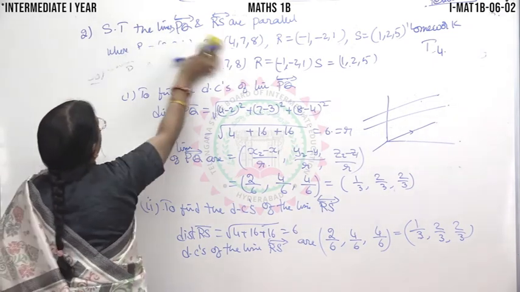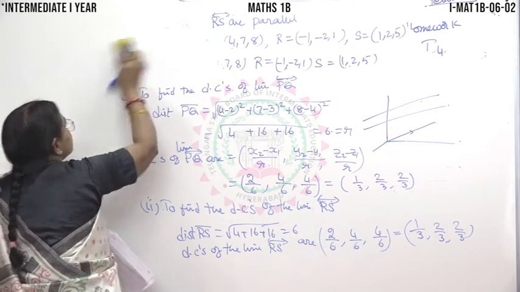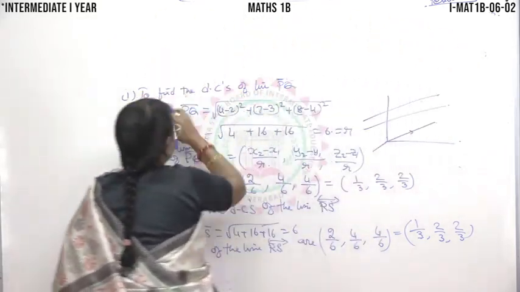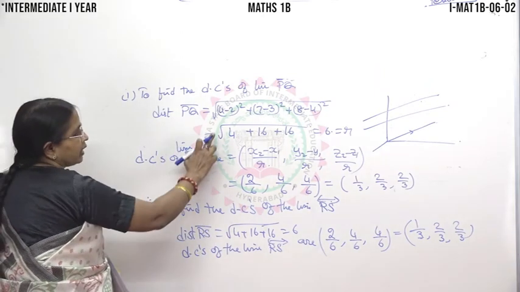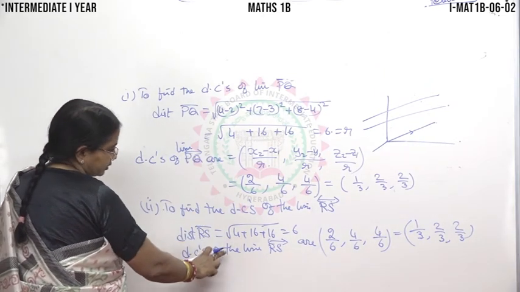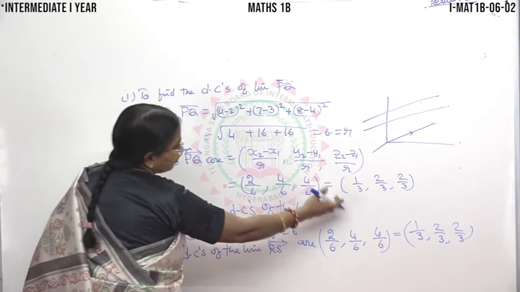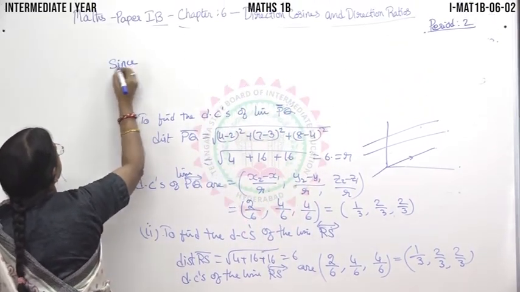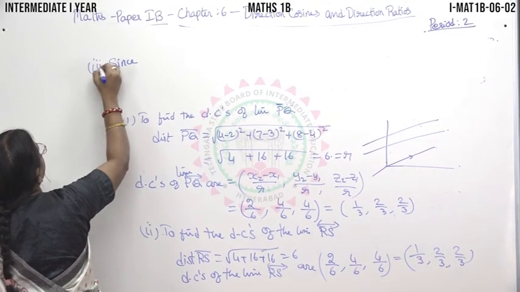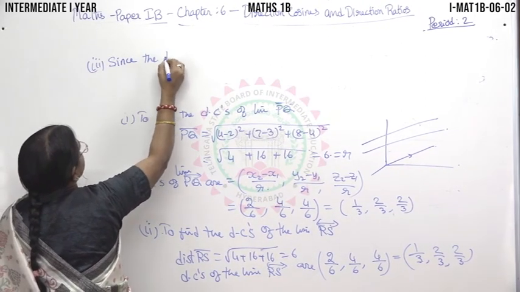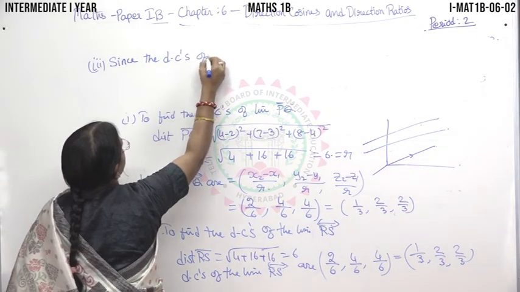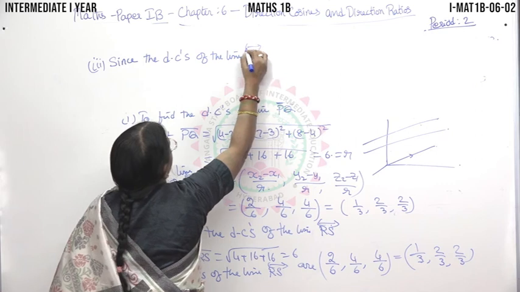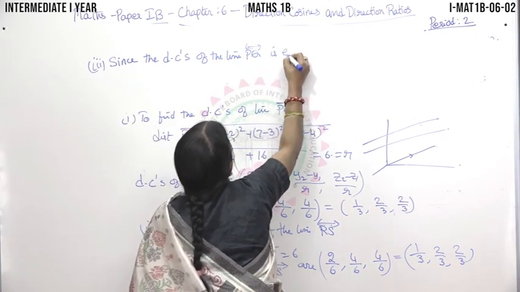Now, we'll conclude. We found the direction cosines of the line PQ and the direction cosines of the line RS, and we found that both of them are equal. So, we'll conclude like this, as the third part.